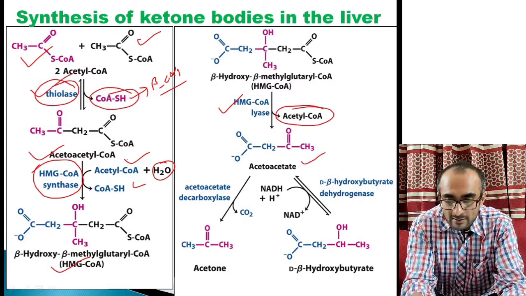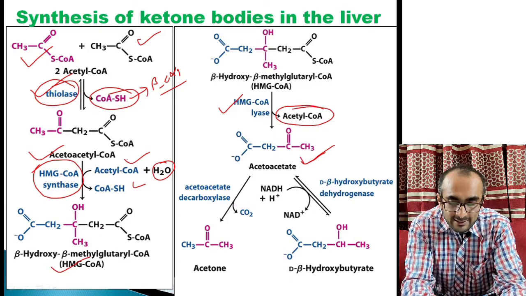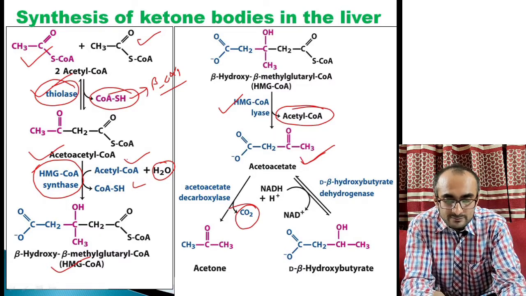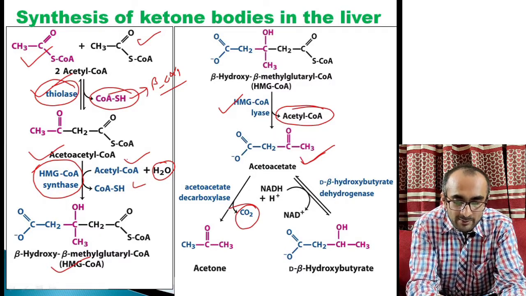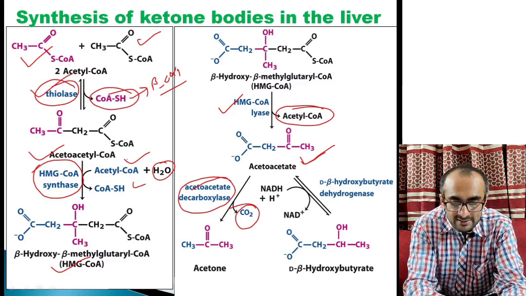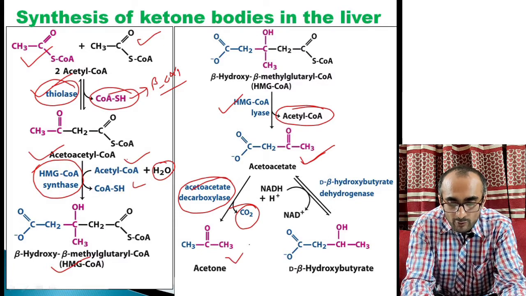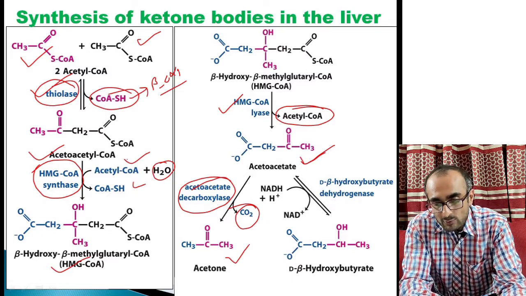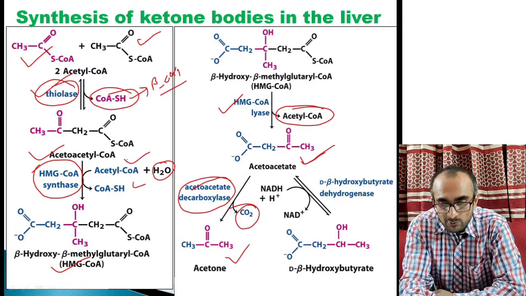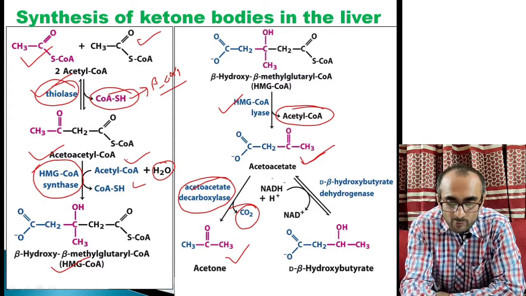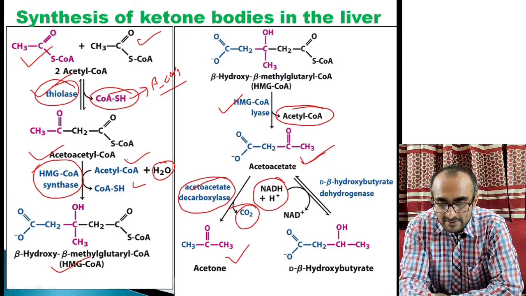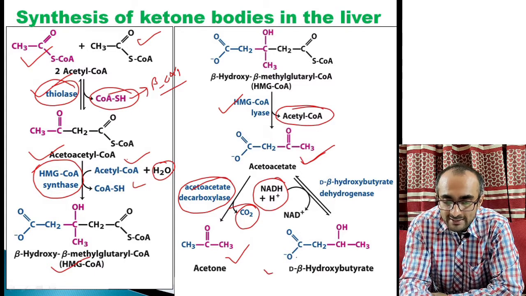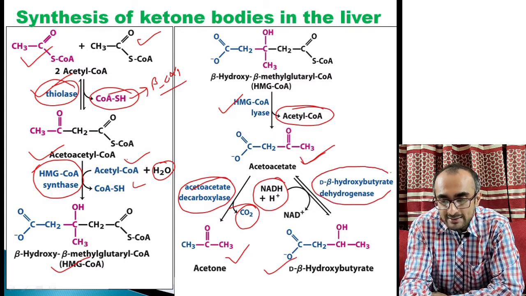Now this acetoacetate can be decarboxylated spontaneously or with the help of the enzyme acetoacetate decarboxylase to synthesize one molecule of acetone. And acetoacetate can also be reduced with the help of one molecule of NADH and H+ into beta-hydroxybutyrate by the enzyme called beta-hydroxybutyrate dehydrogenase.